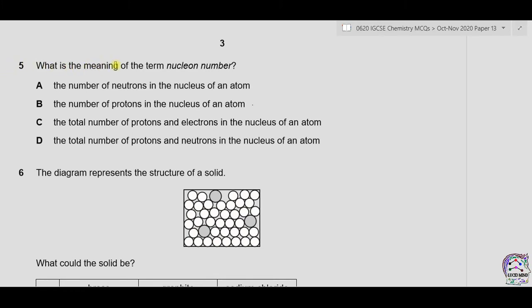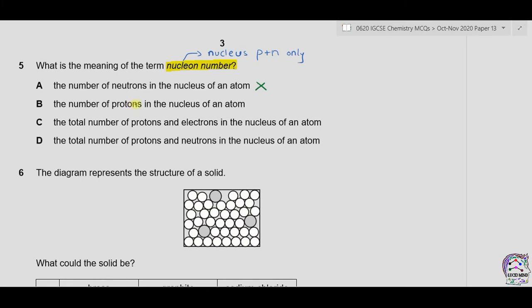Question number 5. What is the meaning of the term nucleon number? The term nucleon has evolved from nucleus, which consists of protons and neutrons only. A. The number of neutrons in the nucleus of an atom. It is not the neutrons only, it is also protons, so A is incorrect. B. The number of protons in the nucleus of an atom.